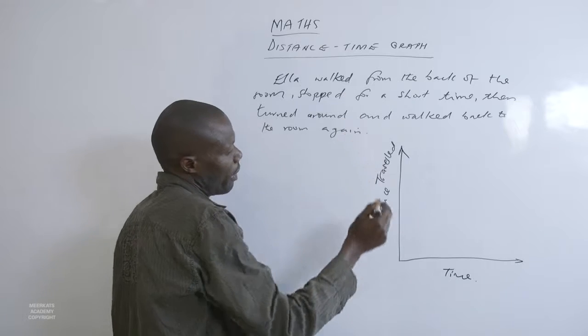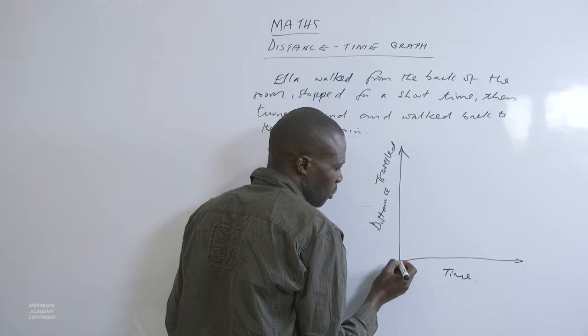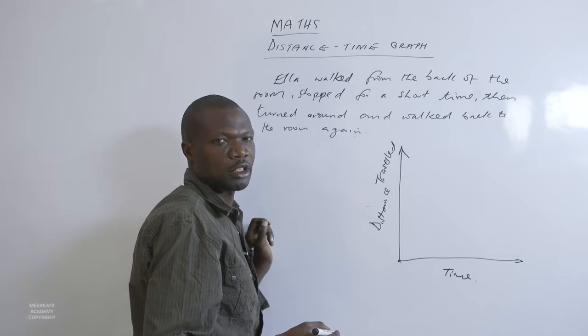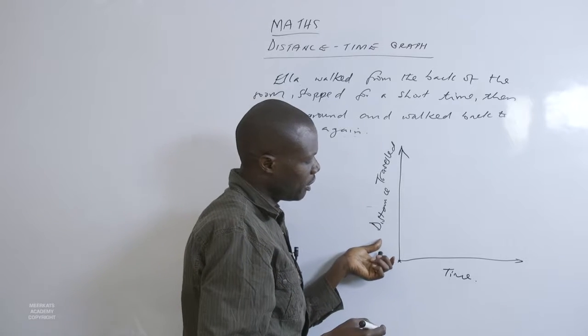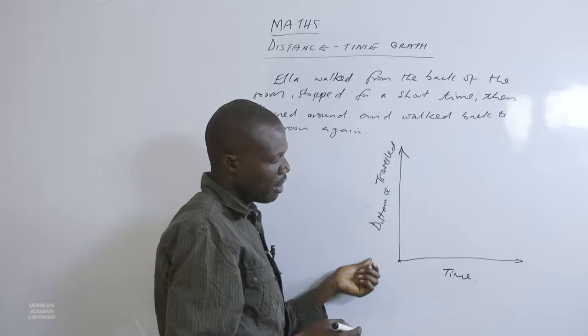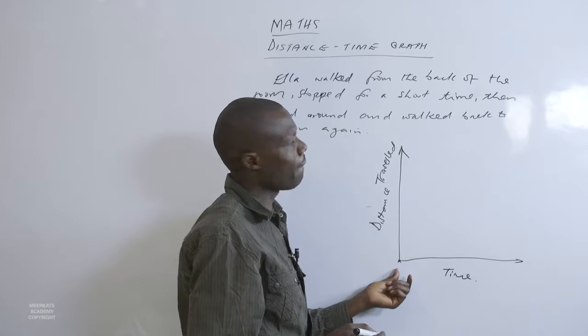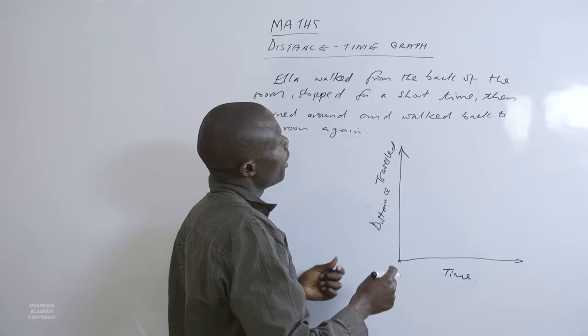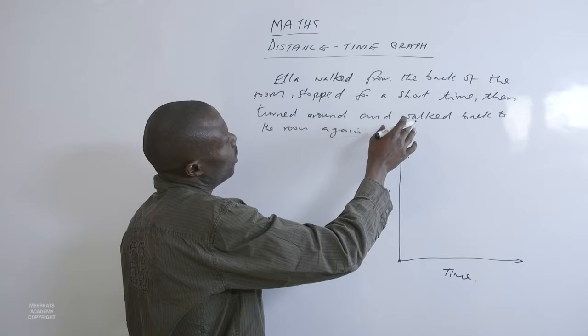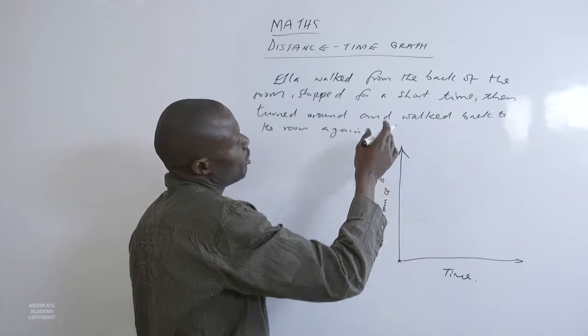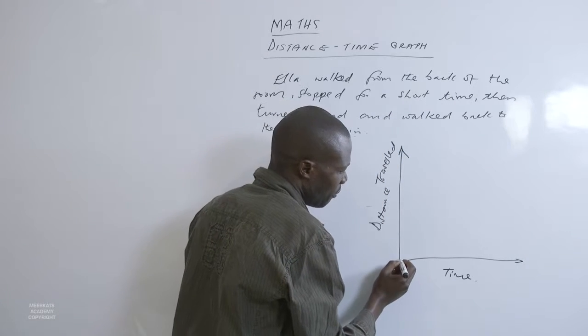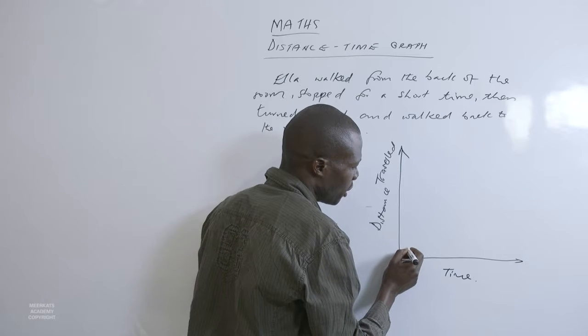So Ella, before starting to walk, was at a stationary point, having covered no distance and having covered no time. Ella walked to a point and then stopped for a while. So the graph shows average walking.